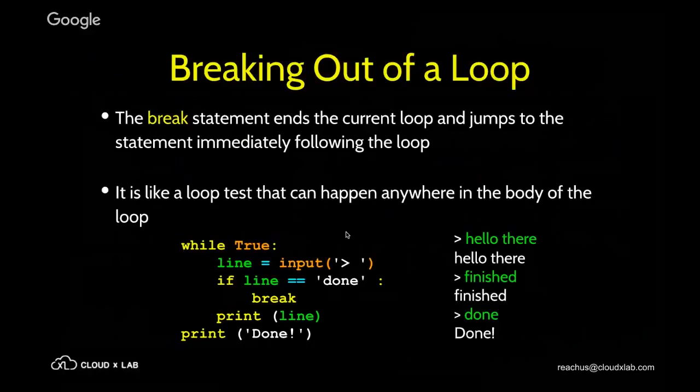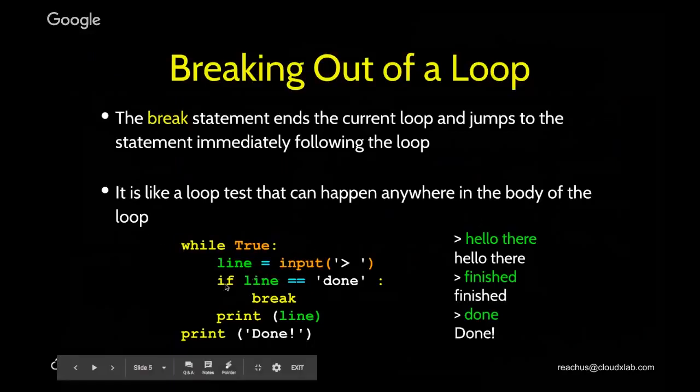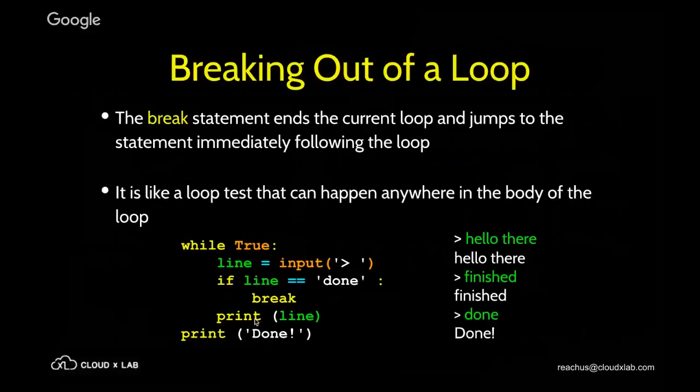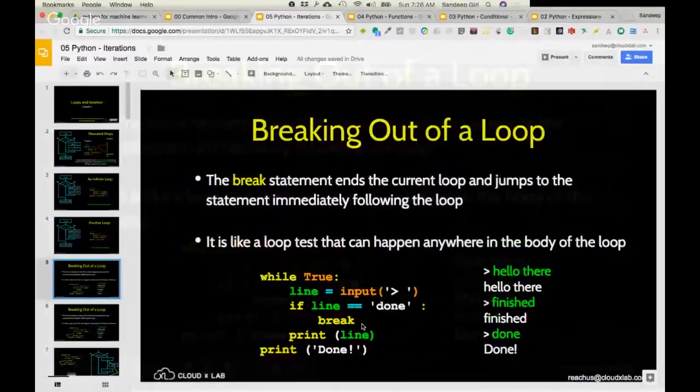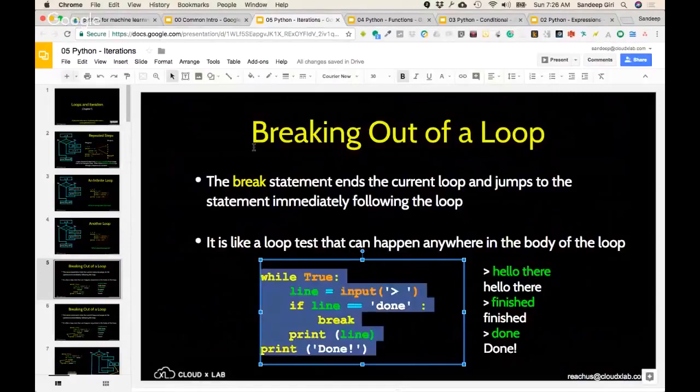It's like a loop test that can happen anywhere in the loop. Wherever you want, let's say you're creating your own input and you want the user to type done in order to break. That way you'll be able to create this kind of program. Let me show you how it looks. All right, so here we go.